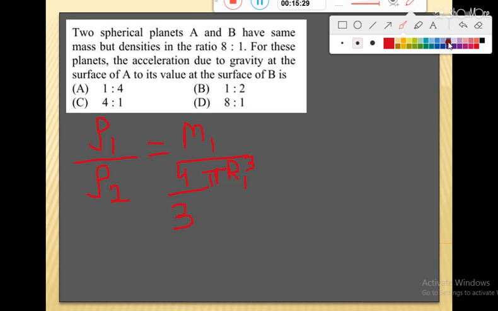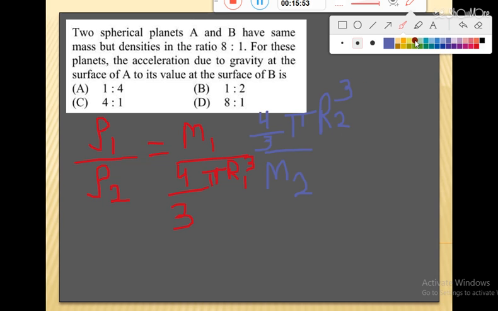Rho 2 will be equal to m2 by 4 by 3 pi r2 cube. Now m1 and m2 both are equal.